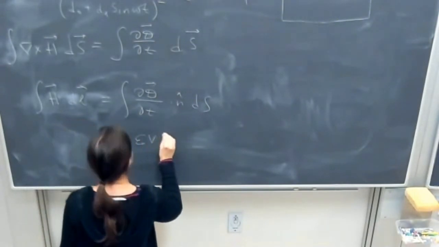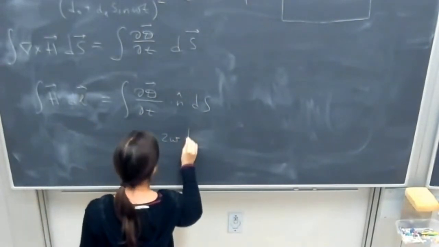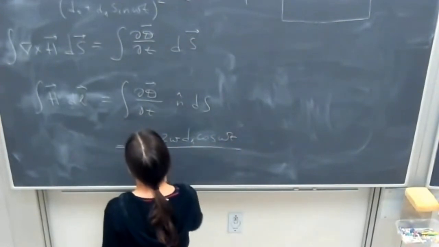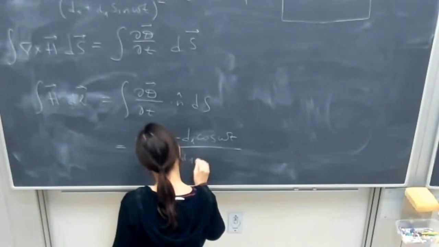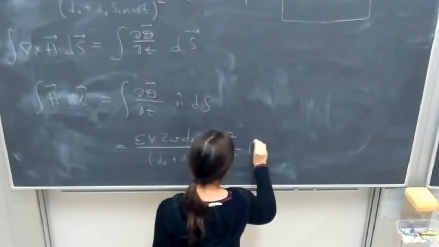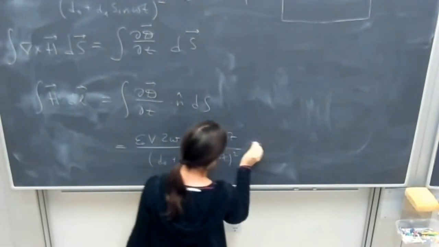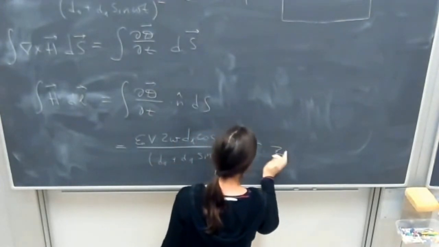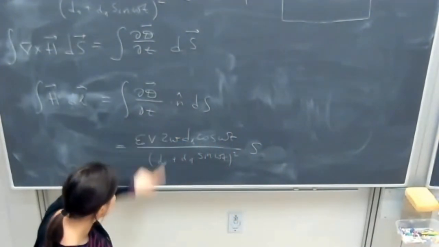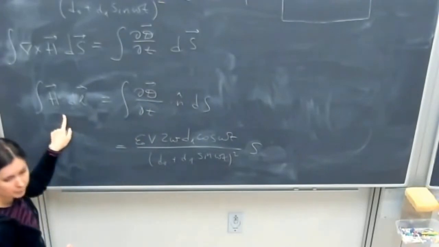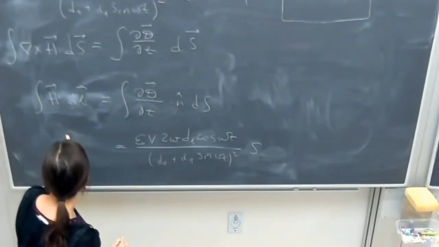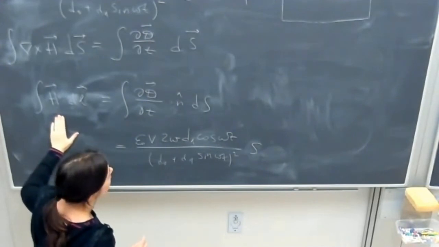So here is minus one, cosine, negative, times area S, and the direction comes from the normal. What would be the direction of H?